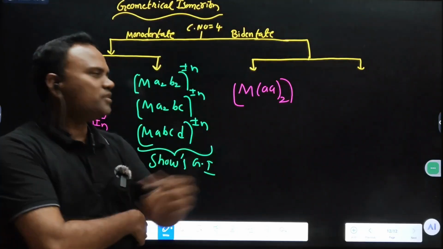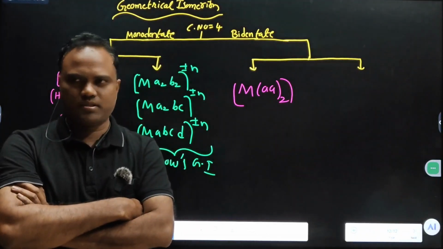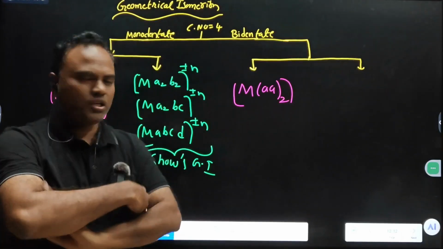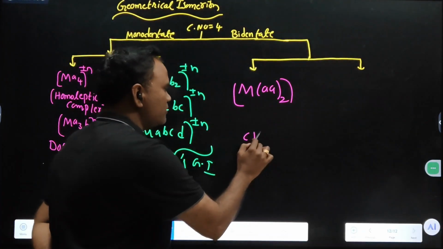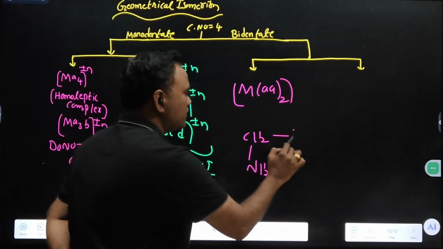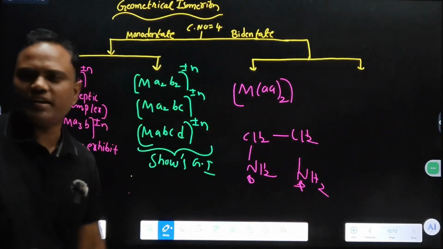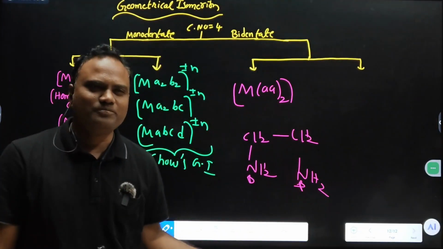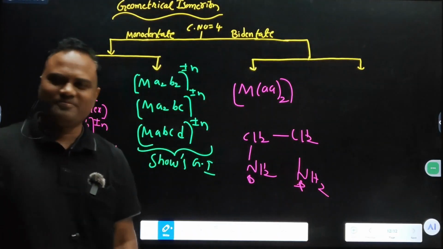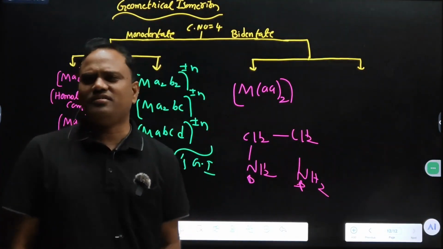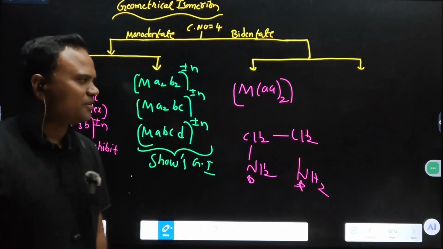AA means, what is the meaning of AA? Similar donor atoms. In square bracket I wrote AA. Look at this, all of you, CH2, NH2, what is the name of this ligand, Kirti? Ethylene diamine or ethane 1,2 diamine.